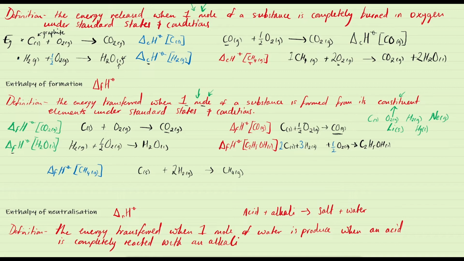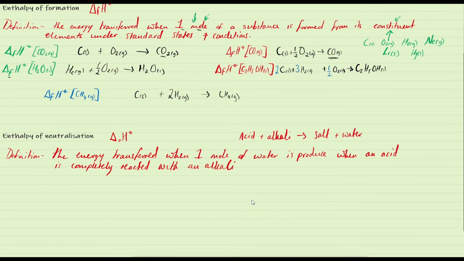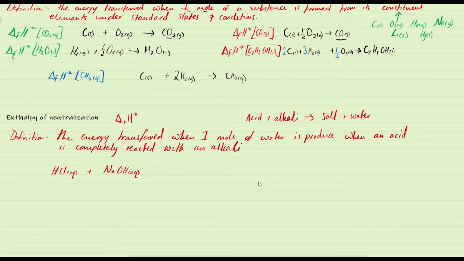I'm just going to move this up a tad. The way we can describe that is quite simply, for instance, I can take HCl aqueous as an example, sodium hydroxide is another example, and that produces sodium chloride aqueous plus H2O liquid.